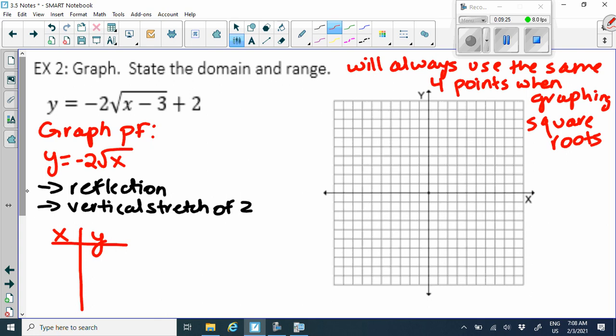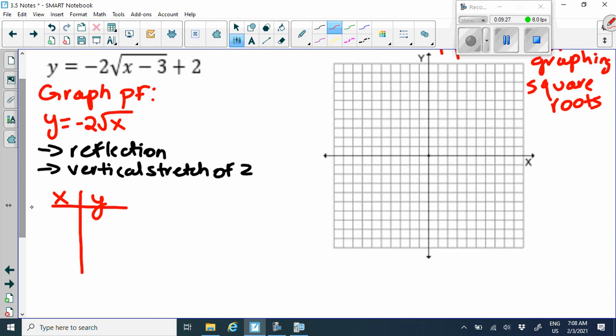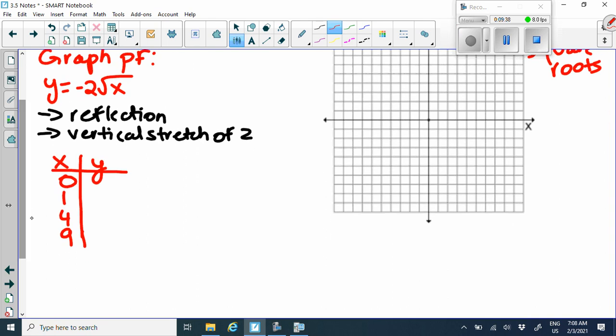So the 4 points that we used with our parent function were 0, 1, 4, and 9. So we will always use that. So now we're going to plug that into y equals -2 square root of x. So of course, anytime we multiply by 0, it's just going to be 0. And then -2 square root of 1 is going to give us -2. -2 square root of 4 gives us -4. And then -2 square root of 9 is going to give us -6.